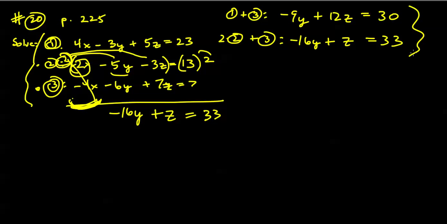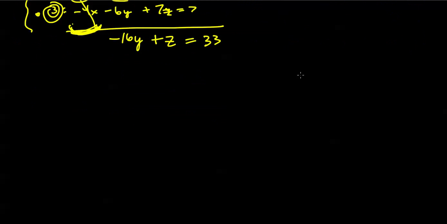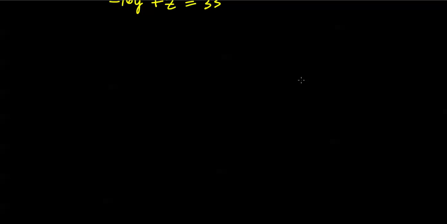So we've reduced our 3 by 3 to a 2 by 2, which hopefully I can solve without too much trouble. It's going to be a little more work than the last two examples. Let me copy this 2 by 2 system down here to make it a little more clear, I hope.